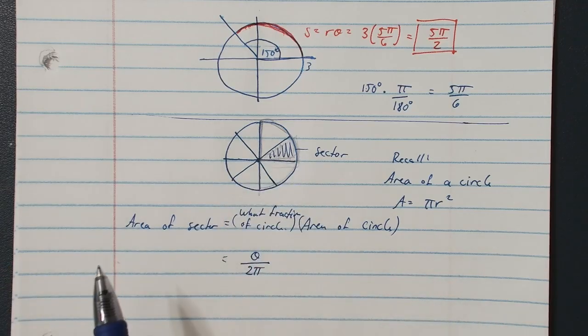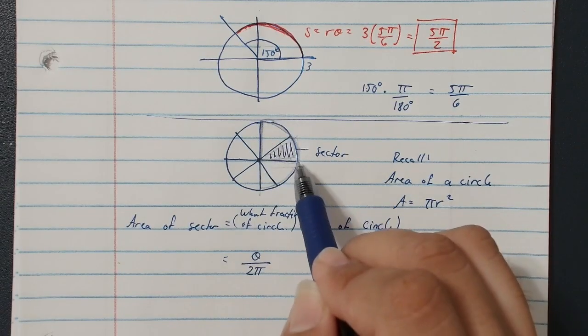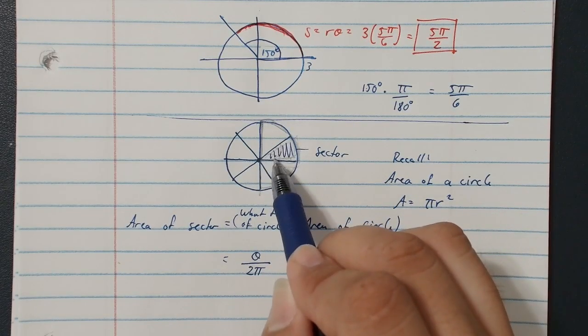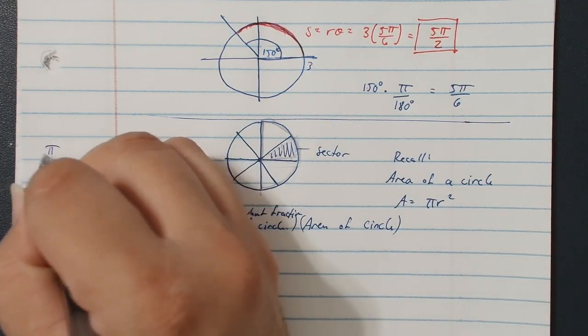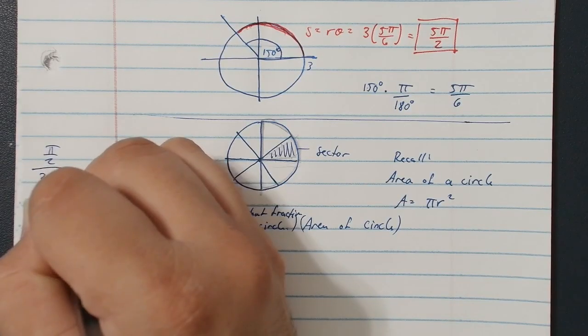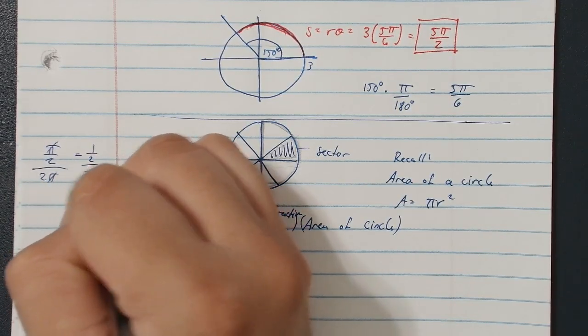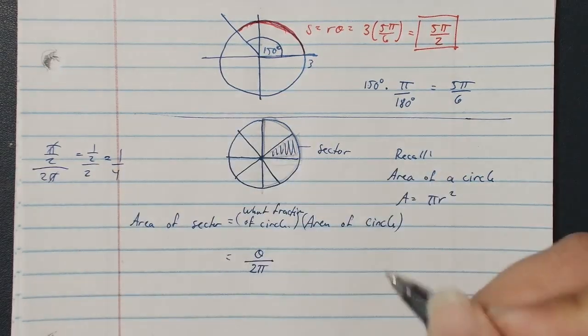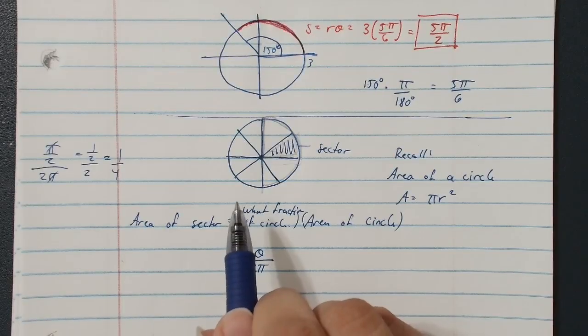That would be half of a circle. If I had pi over 2, this angle here, the same as 90 degrees, and I was dividing by 2 pi, the pi's would cancel, leaving me 1/2 divided by 2, which is 1/4. And that is accurate. That would be a quarter of our circle.